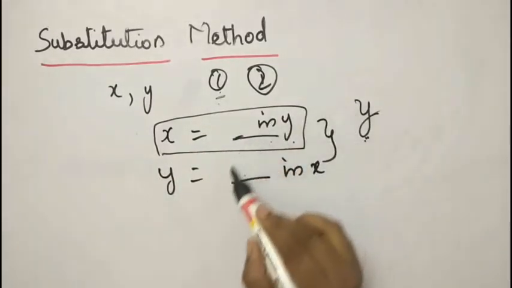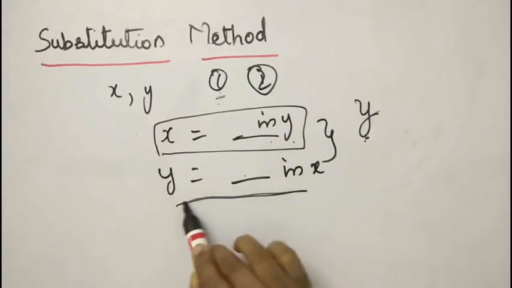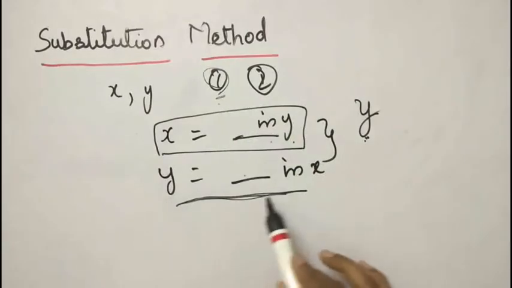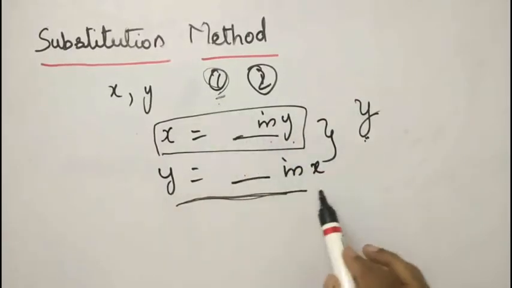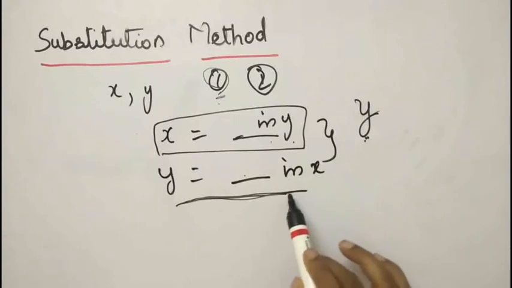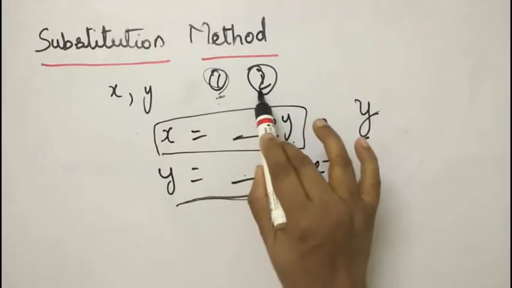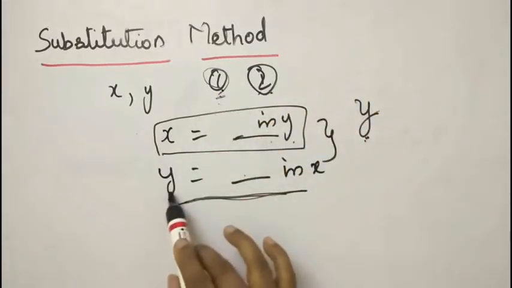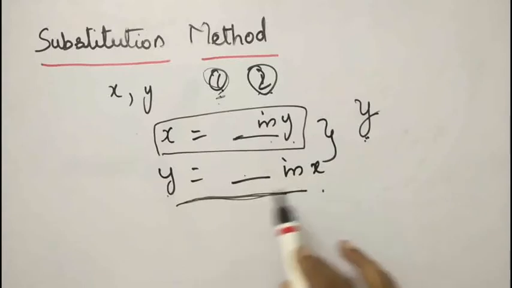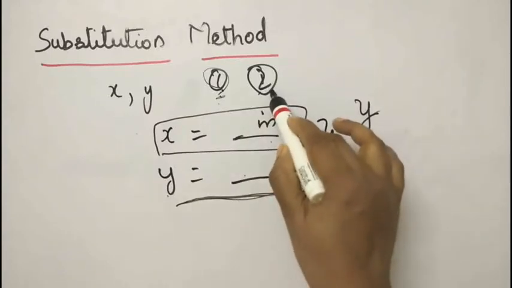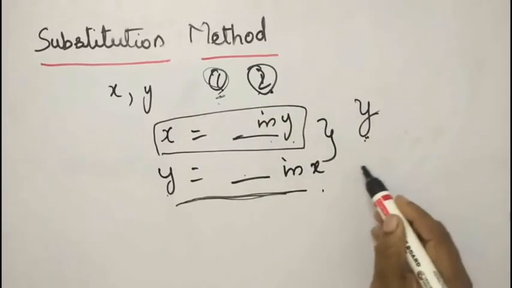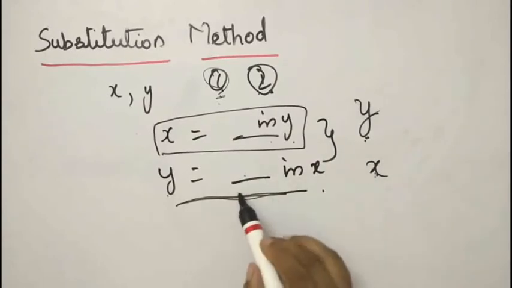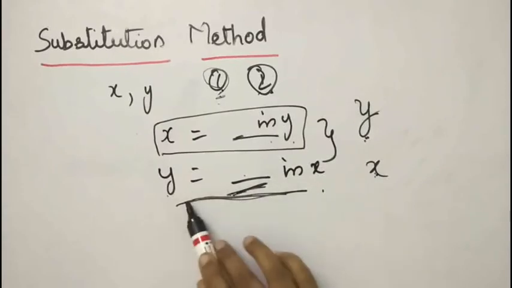Similarly, if you expressed equation 1 as y equal to an expression in variable x, then substitute it in equation 2, because you have taken equation 1 and written it as y equal to an expression in x. Then you will get the value of x. After getting the value of x, if you substitute into this equation, you will get the value of y.